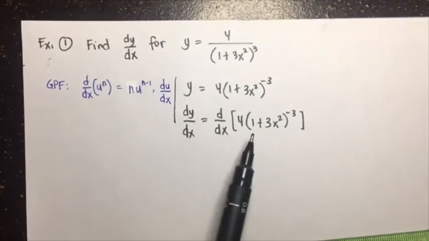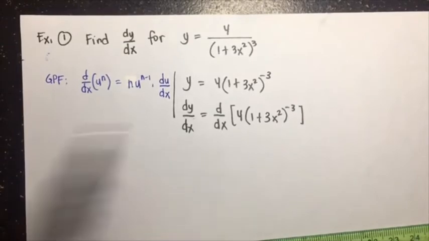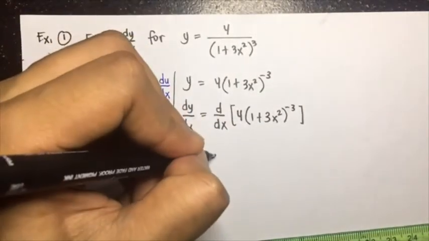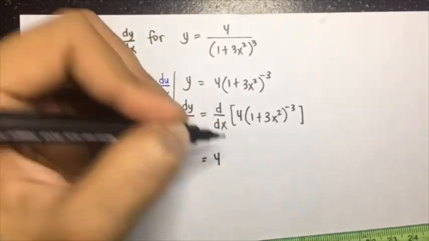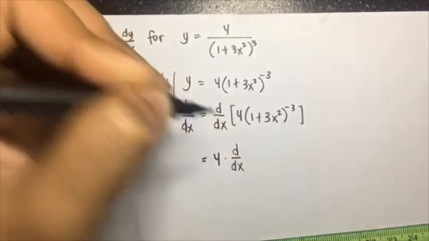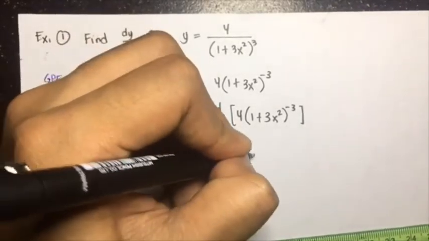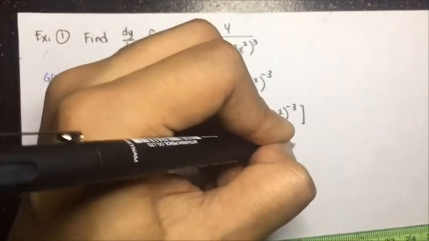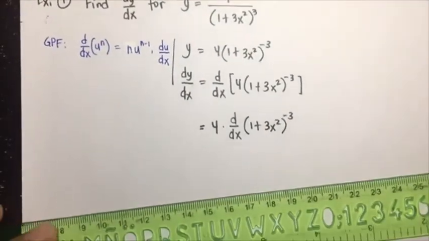Since we have here a constant, we can take that out, so 4 times the derivative with respect to x of 1 plus 3x squared raised to negative 3.